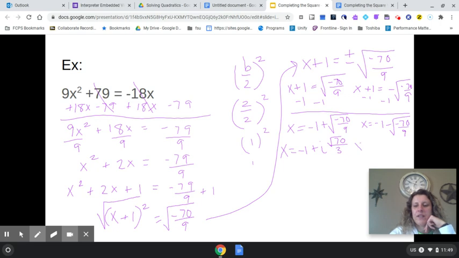Over here, we have negative 1 minus i square root 70 over 3. Again, we could shorthand that because the only difference between those two answers is that sign in between. So we could write that as negative 1 plus or minus i square root of 70 over 3.